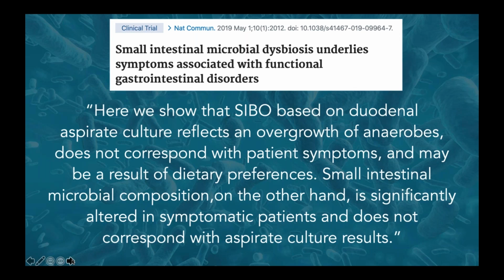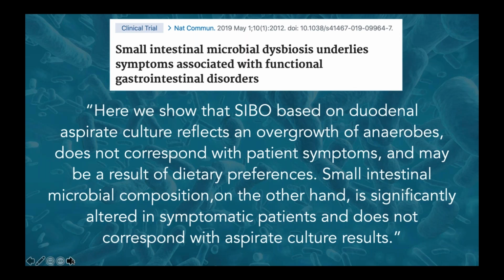And they say, here we show that SIBO based on duodenal aspirate culture reflects an overgrowth of anaerobes, does not correspond with patient symptoms, and may be a result of dietary preferences. Small intestinal microbial composition, on the other hand, is significantly altered in symptomatic patients, which does not correspond with aspirate cultures. So this is a bit of a controversial result.